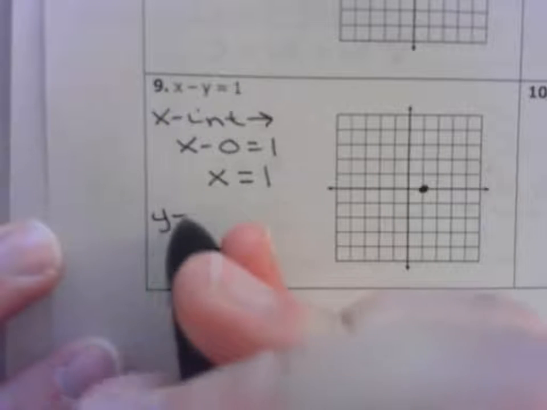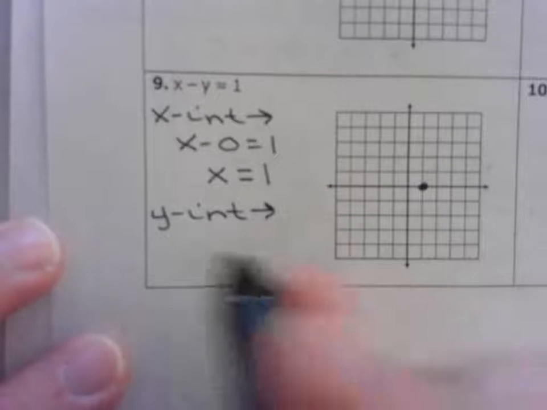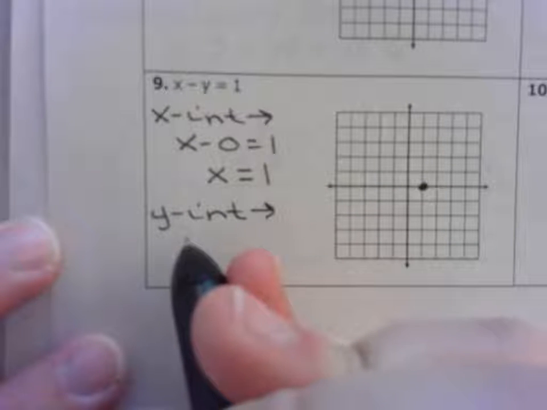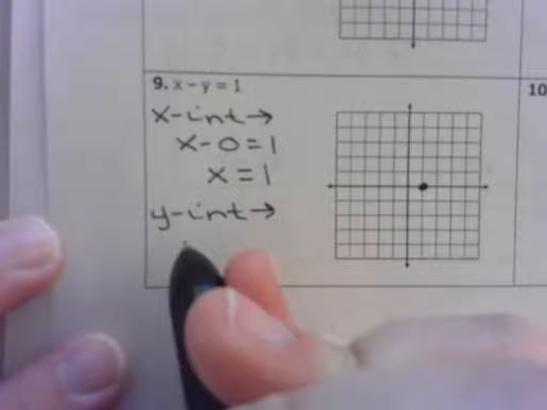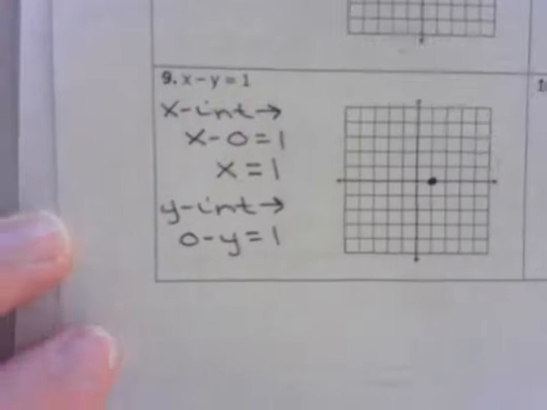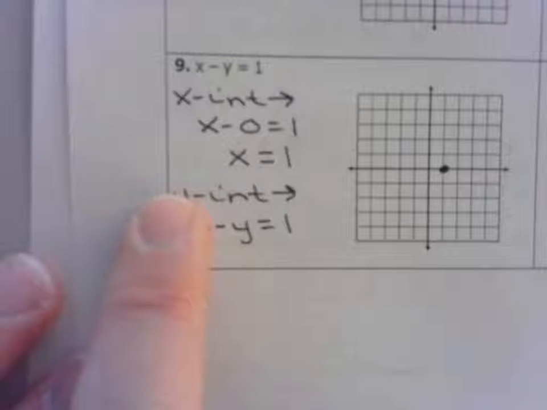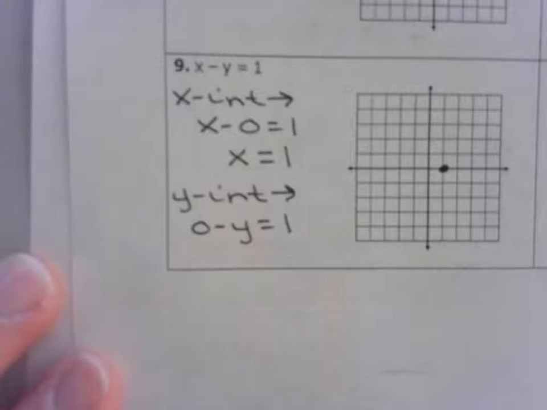The y-intercepts. What do I always do anytime I want the y-intercept? You all should be able to answer this by now. Put 0 where x is. If I put 0 where x is, you can think about covering it up. I'm left with negative y equals 1.